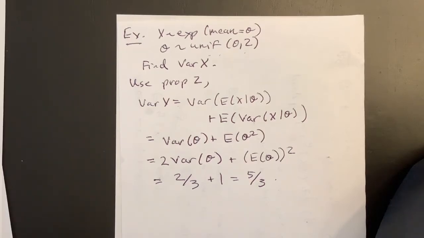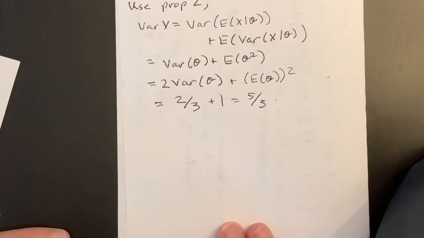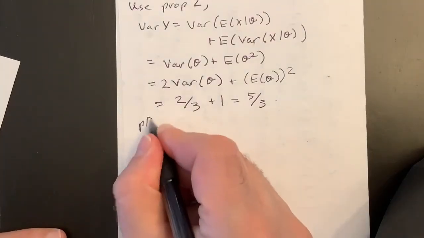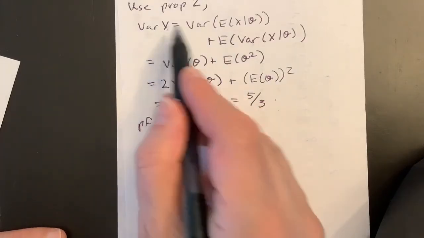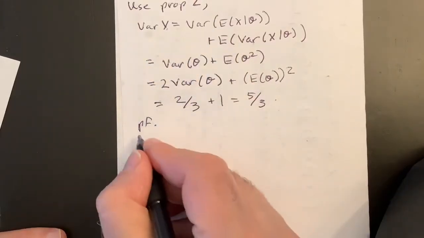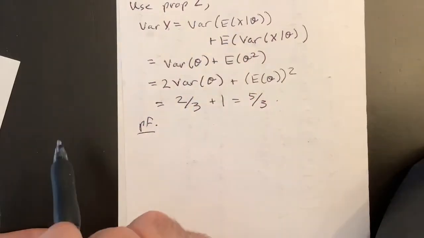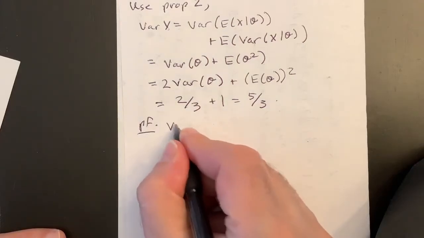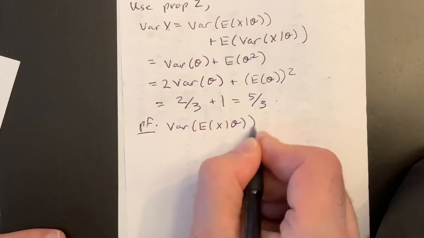Okay, let's prove that. The proof is not hard for this. So, proof. I just want to prove that the variance of x is equal to the sum of these two things, and the simplest thing to do is to just write out what these are. So we have variance of e of x given theta.